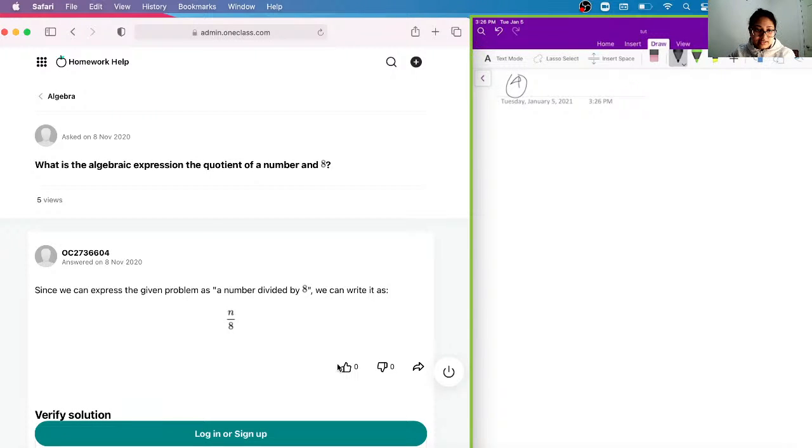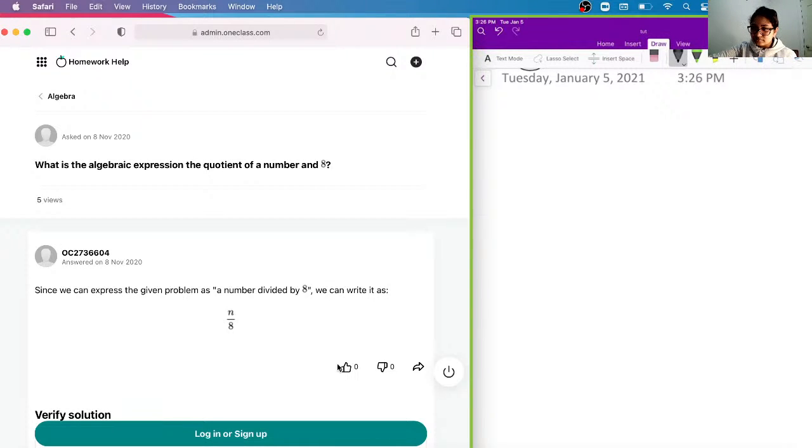The next question says, what is the algebraic expression for the quotient of a number and 8? Okay, so when we're talking about this type of question, we're trying to come up with an expression or an equation that represents what they're asking for.